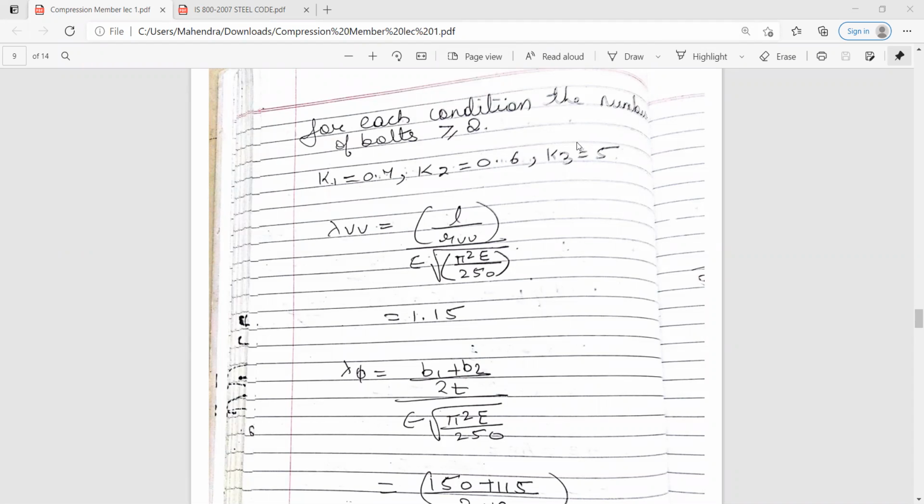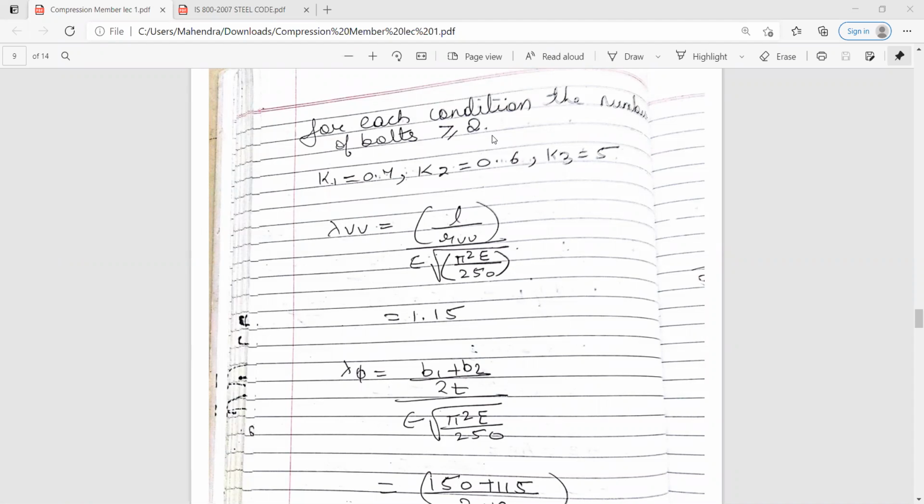Yes, L. Now here the length is not given to you. Length of the gusset plate is not given to you. So the length of the member you have taken. See, very first sentence जब आपने problem solve करना start किया था, तब आपने क्या लिखा था? Assuming the length of member as 2.5 meter. So here also you have to take the value of L as 2.5 meters.